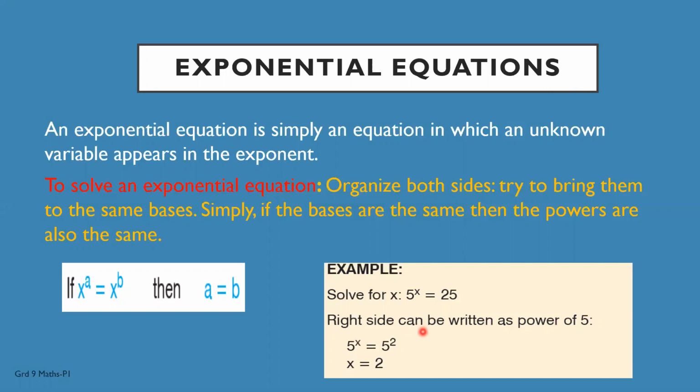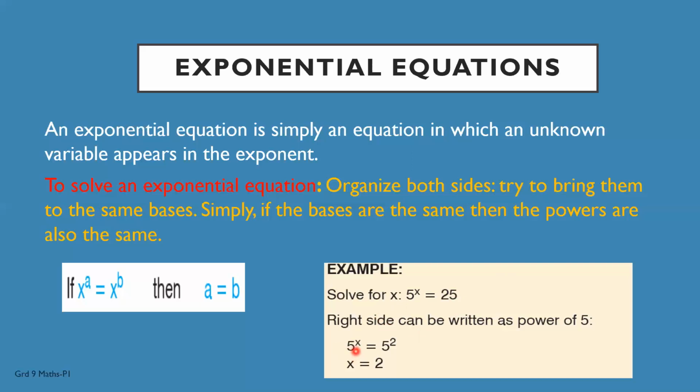Remember when we did exponents, we said that when we look at an exponent, we have the base and we have the exponent. The exponent tells us how many times we multiply the base. So when I say 5 to the power of 2, basically what I mean is 5 times 5. I need to multiply 5 by itself 2 times. So 5 times 5 is 25.